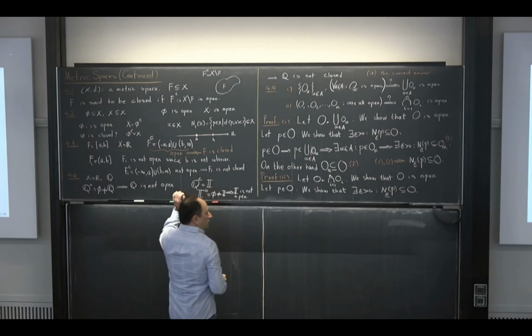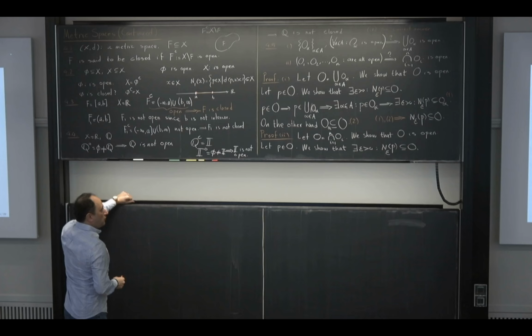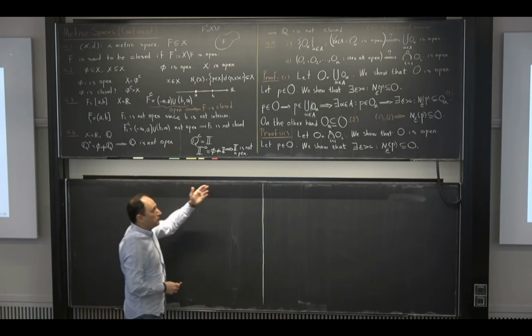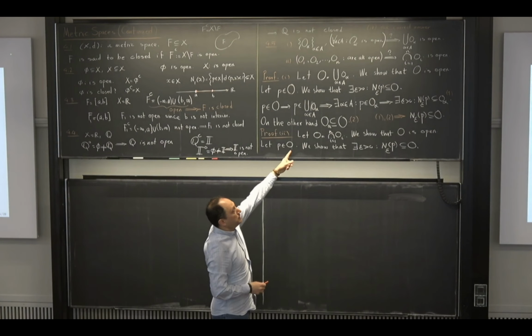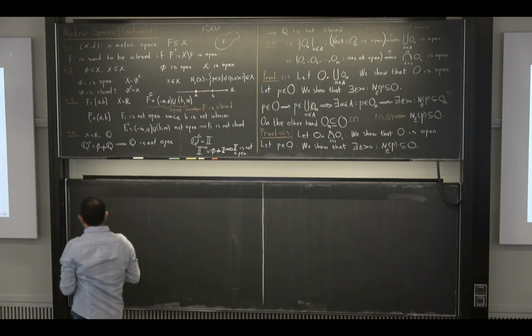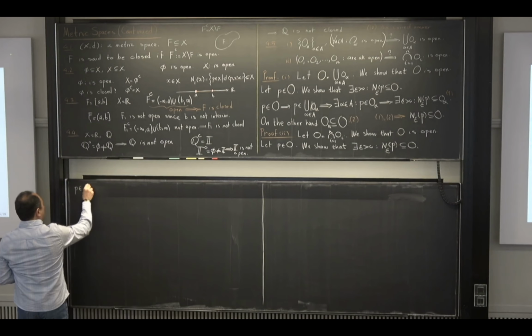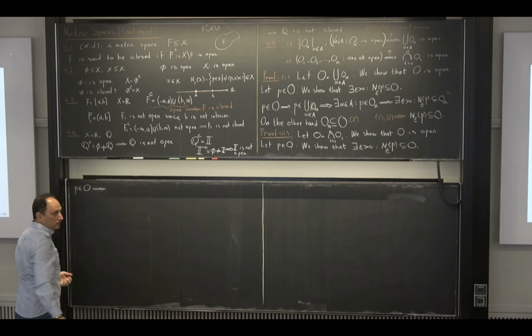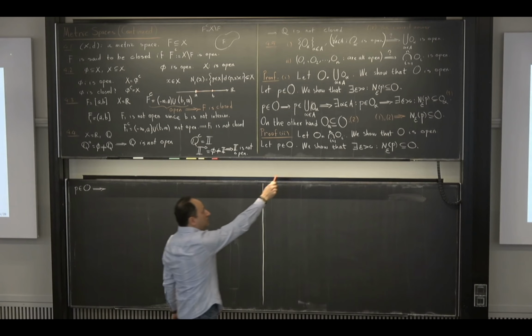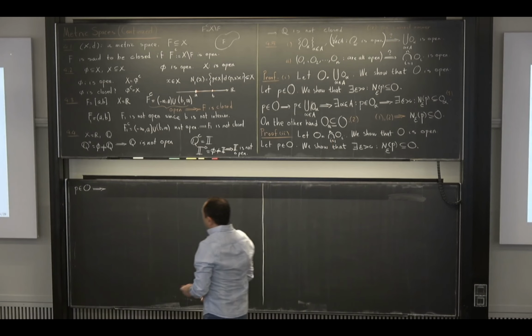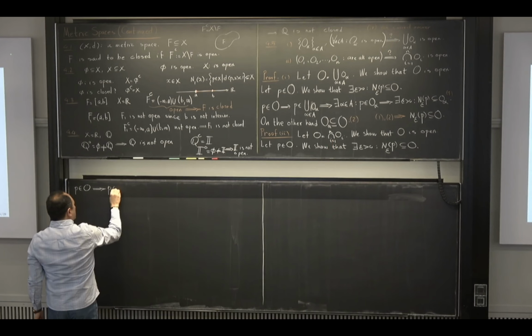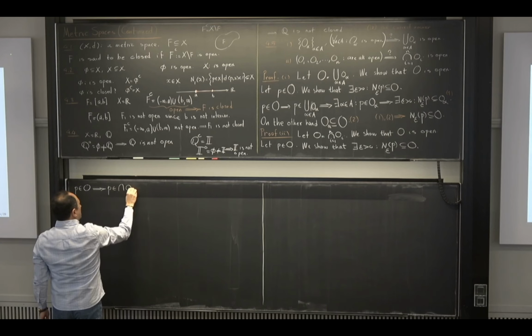So what do you think I will do now? I will start from the assumption that I have. The only thing that I have is that I know P belongs to O, but I'm waiting for you. So P belongs to O means what? Can you tell me? O is the intersection this time. So this means that P belongs to the intersection. Do you remember what I can conclude now?